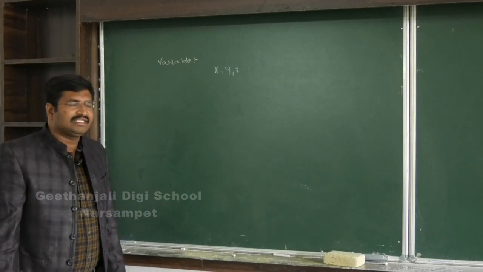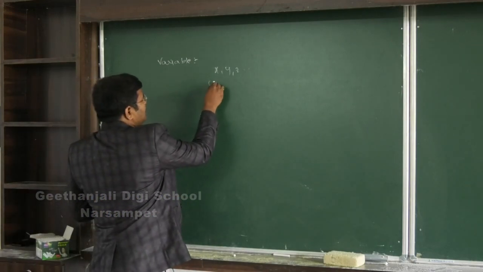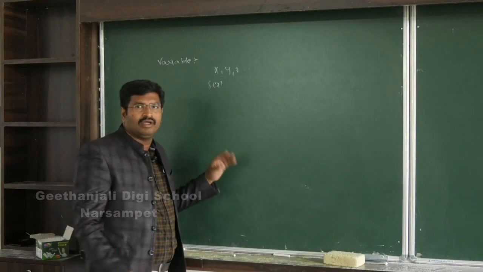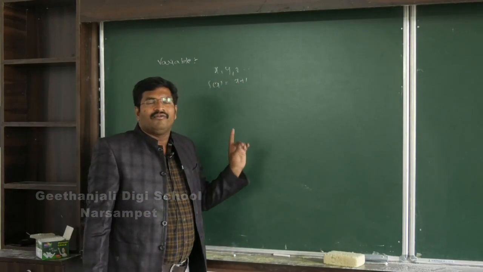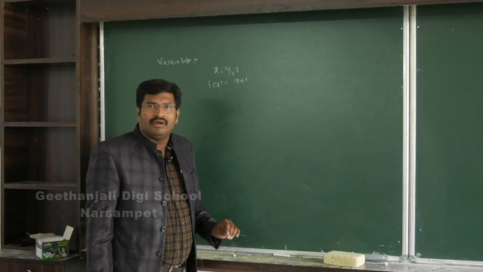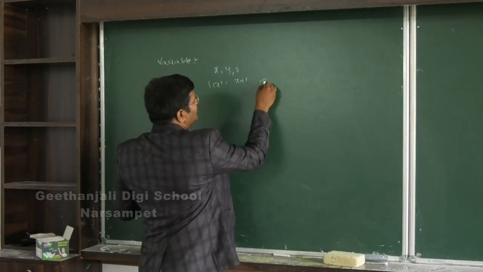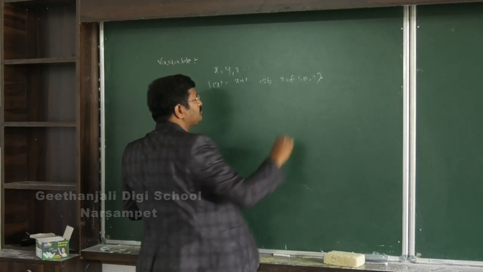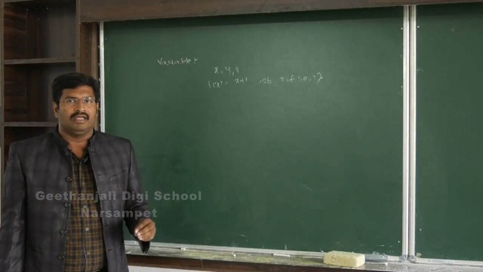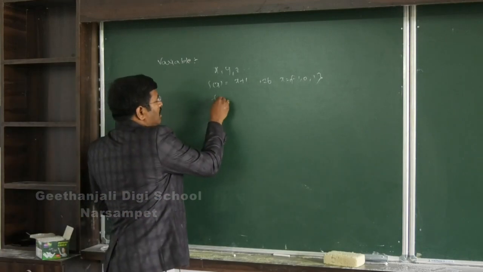For example, previously you learned in functions and polynomials, f of x is equal to x plus 1. Find the values of f of x if x is equal to minus 1, 0, 1. At that time, what did you do?